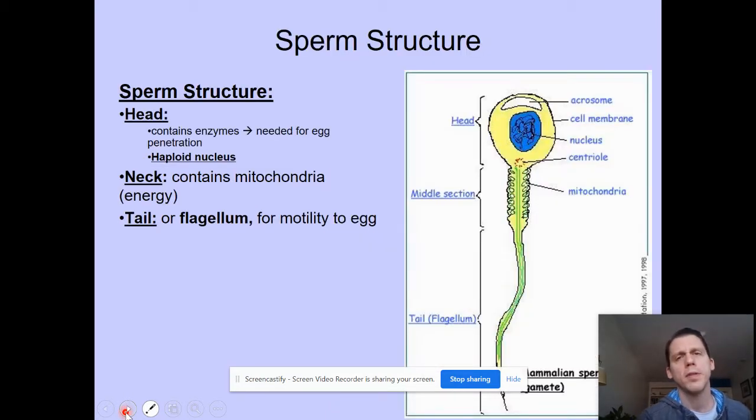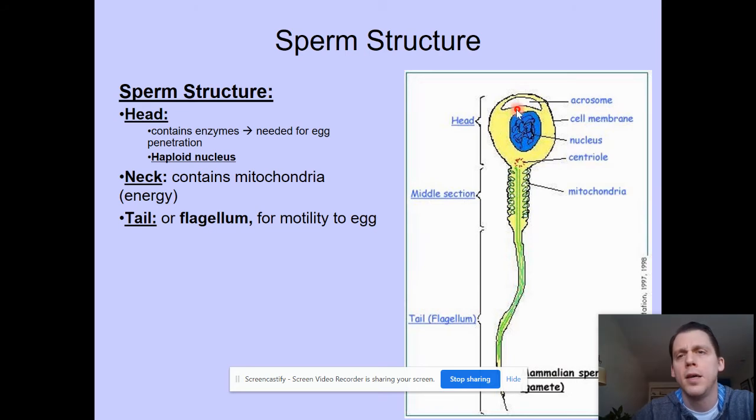So what about the sperm? Well, the sperm is a specialized cell that is going to really be specialized to make its way through the reproductive system and then to fertilize an egg. So in the head, we have the front here. This is actually called the acrosome, and it contains enzymes. And these enzymes are going to help penetrate the egg.